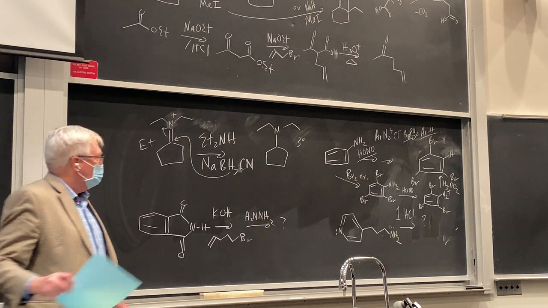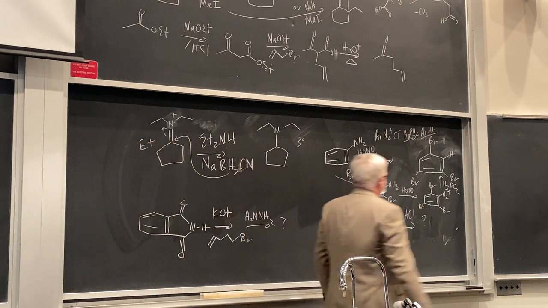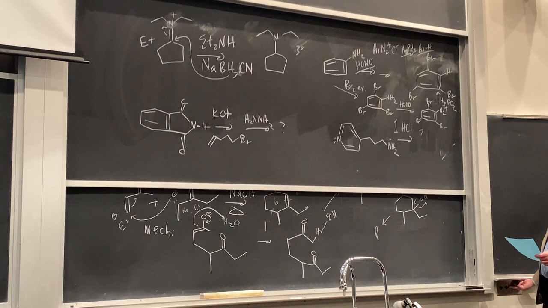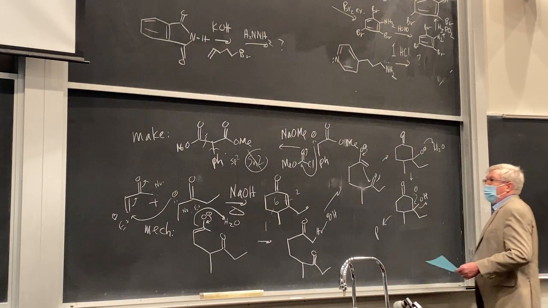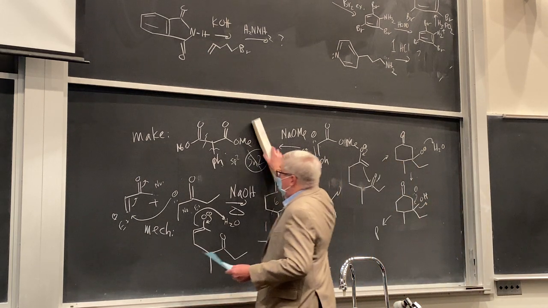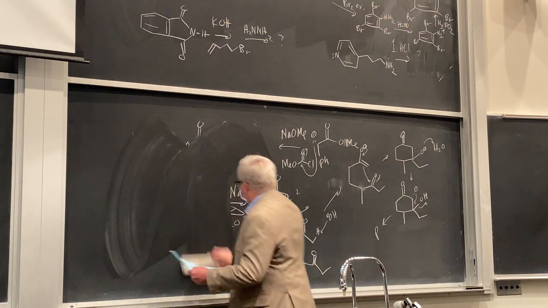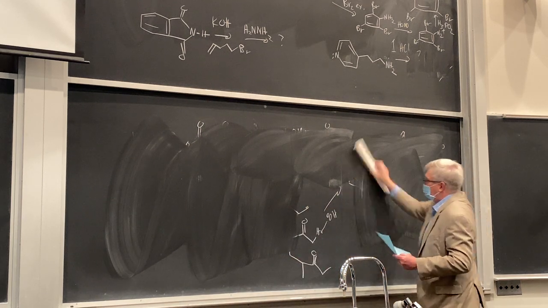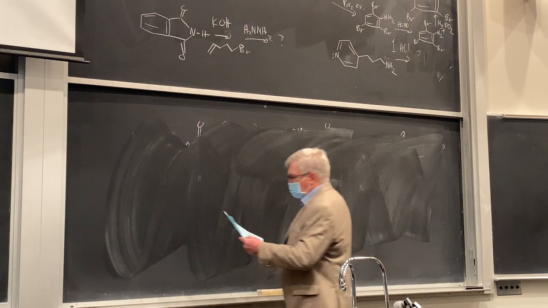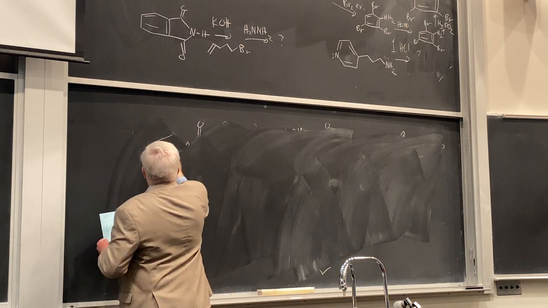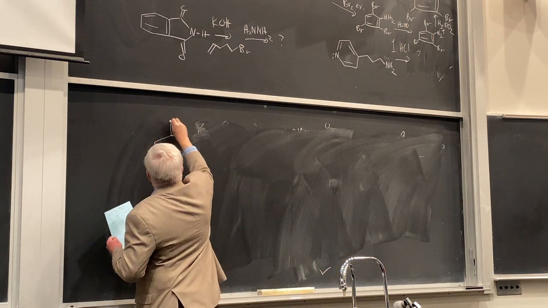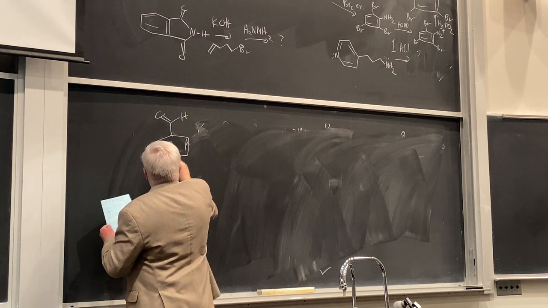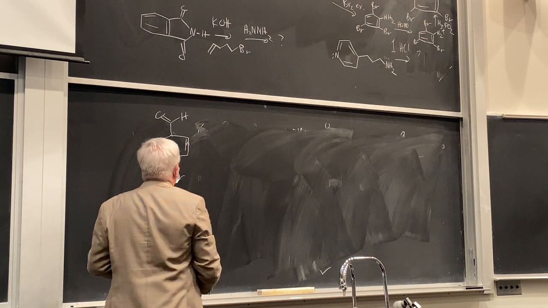All right, let's look at some other synthesis problems here using the aryl diazonium. And this points out the utility of that reaction used in conjunction with some of the other electrophilic aromatic substitution reactions. So how would we make this aldehyde, benzaldehyde with a bromide here?